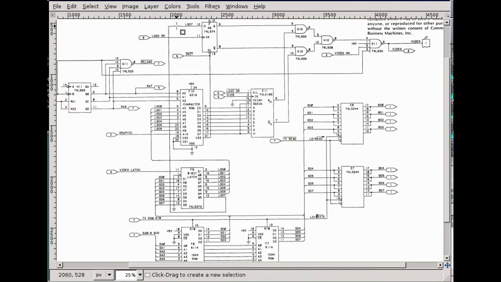We also know that the video inversion circuitry is working, which is this one, because we can see both reverse characters and normal characters. We know that the character ROM is okay.